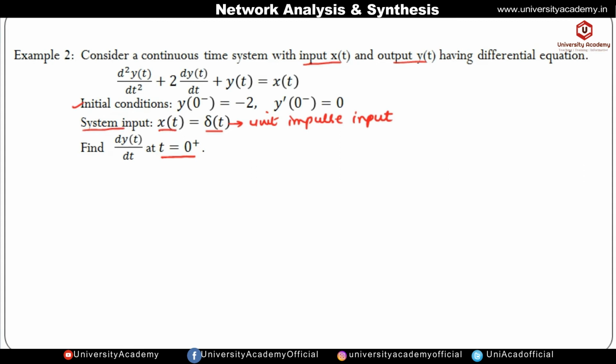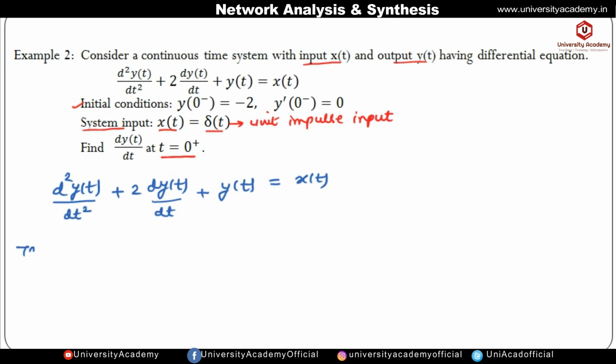So the differential equation is d square y of t by dt square plus 2 into dy of t by dt, and then plus y of t. So here x of t is delta t. Now let us apply the Laplace transform on both the sides.